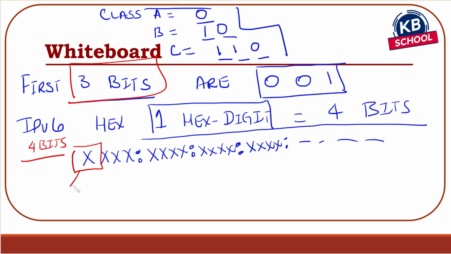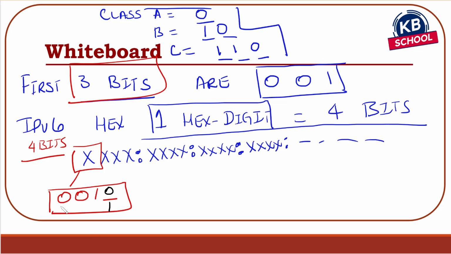So let's expand this over here. In the first hex digit, the first 3 bits are 0, 0, 1, and the 4th bit is a variable. That means it can either be a 0 or a 1, because it's a single bit, and a single bit gives you 2 combinations.